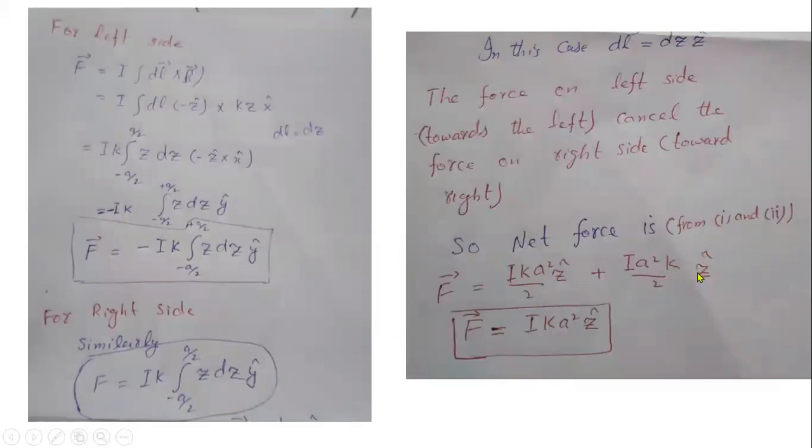So adding these two forces, we get the net force acting on this current loop. So net force acting on this current loop is equal to I K A square Z cap, which is in positive Z direction. So net force is along positive Z direction.